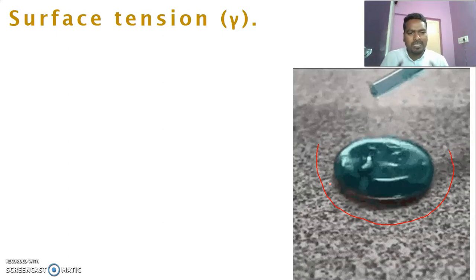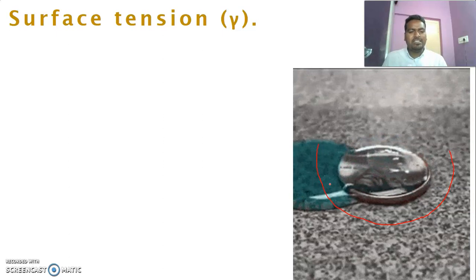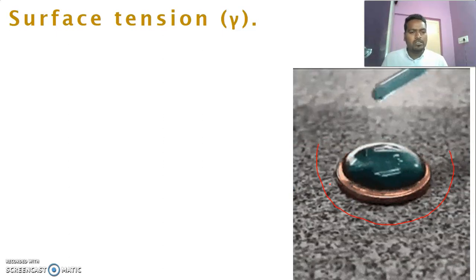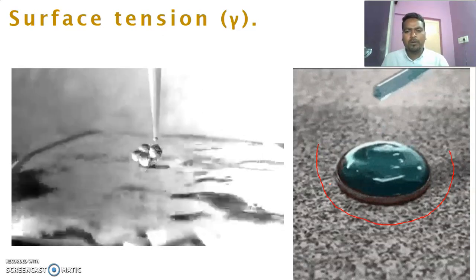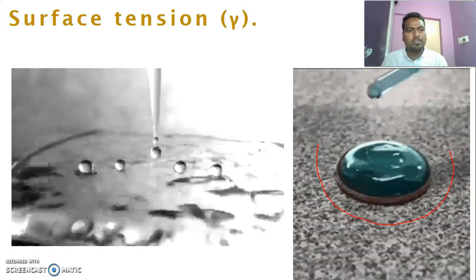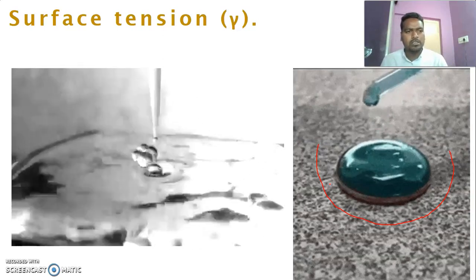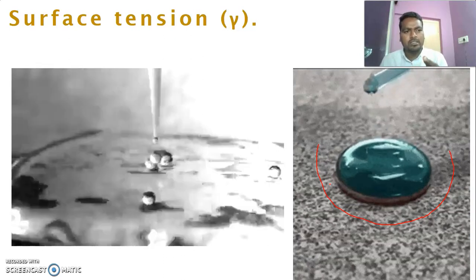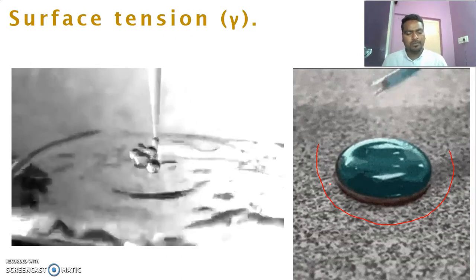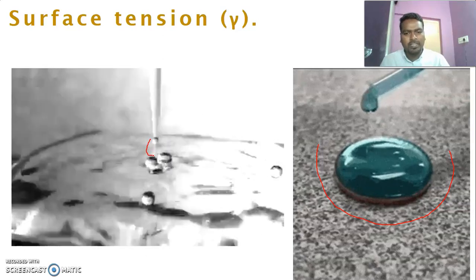So dear students, please try to think about the chemistry present in these water drops. You can also observe in the laboratory that while delivering a solution to another vessel using a pipette, the water droplets you observe also form a spherical shape.